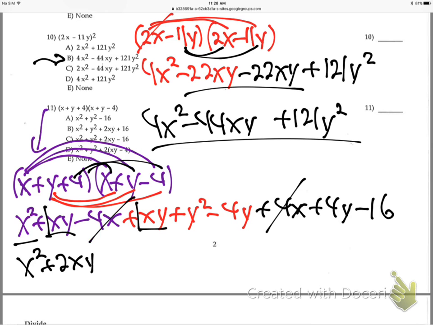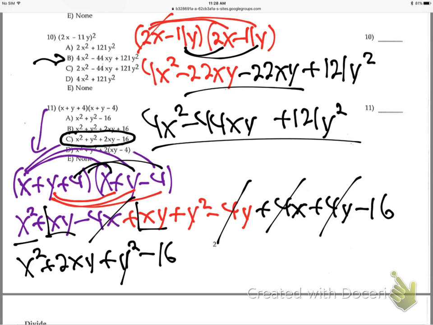Minus 4x and plus 4x cancel. Minus 4y and plus 4y cancel. It doesn't matter what order you put this in. Y squared minus 16. Any order's fine. Don't worry about the order, guys. Is it C? Yeah. They just have it in a different order. Yep, it's C. Don't let the order bother you.